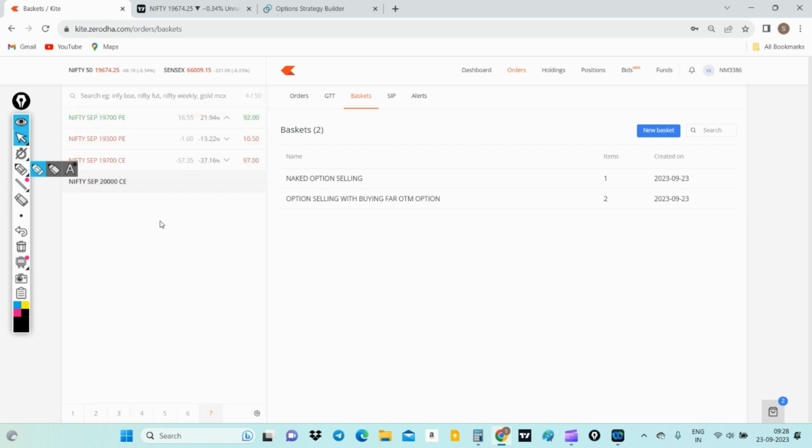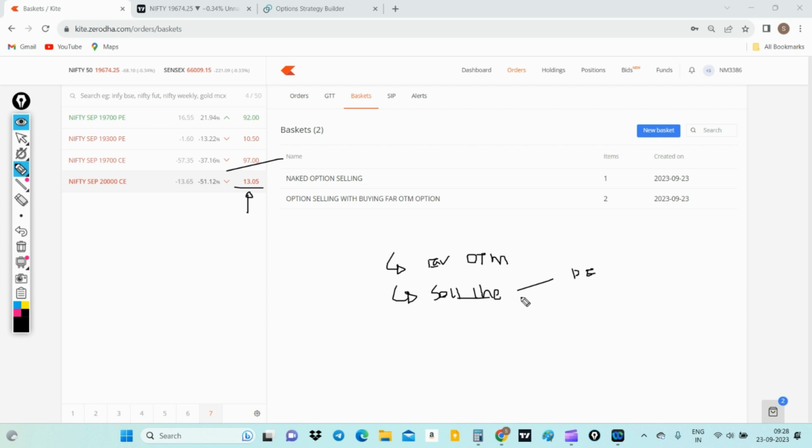On a similar basis, the premium is 97 and the premium for 20,000 C is this one. First you have to buy the far out of the money option, and then sell the option you are willing to sell, whether it is a put or a call option.